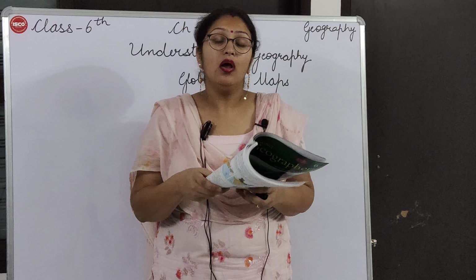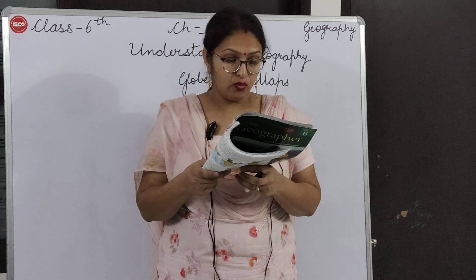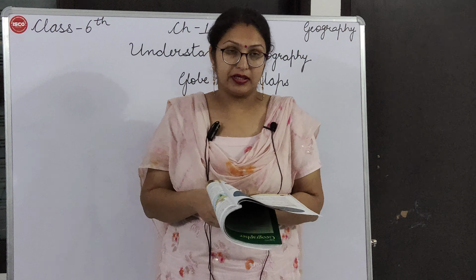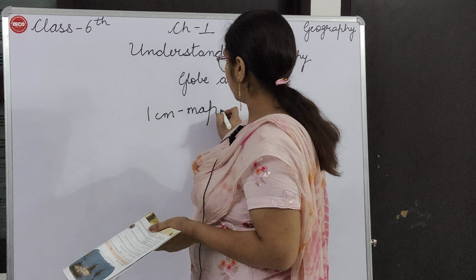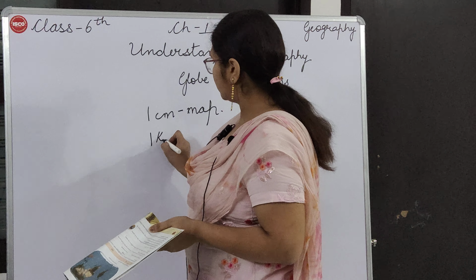For example, 1 centimeter is equal to 1 kilometer. If you measure 1 centimeter on the map, it is 1 kilometer on the earth.